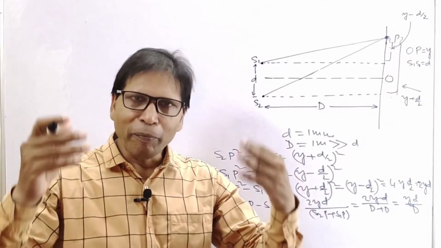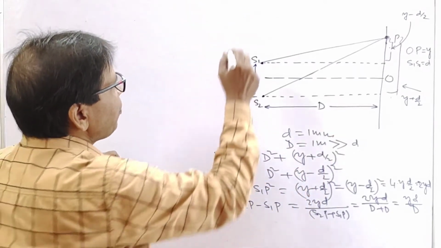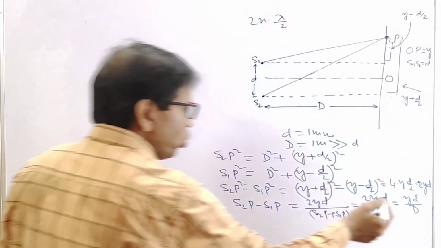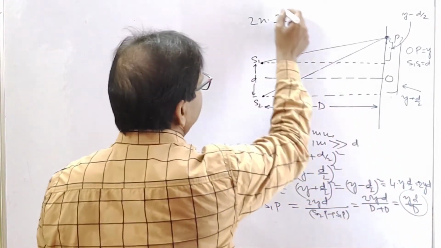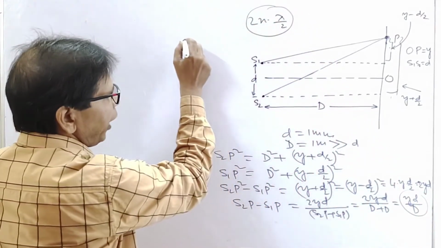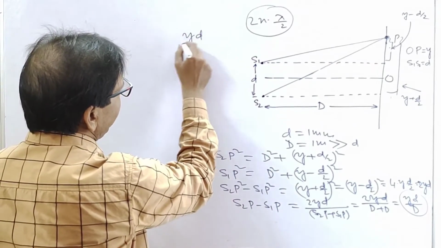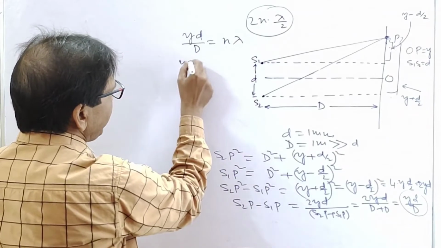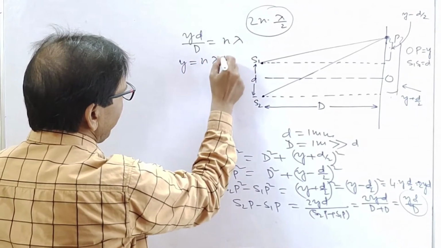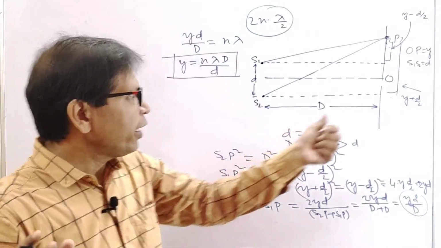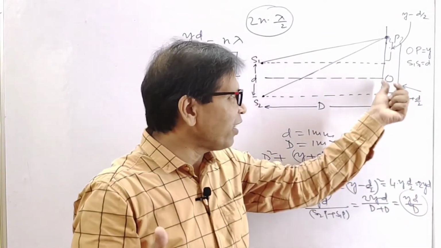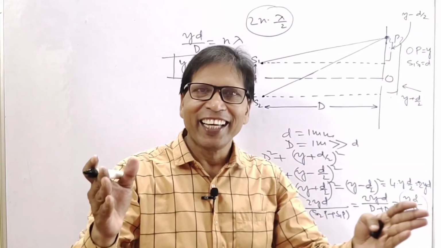Now for maxima, the path difference is an even multiple of lambda by 2. Therefore, y small d by capital D equals n lambda. So y equals n lambda capital D by small d is the distance of the nth maximum from the center of the screen.